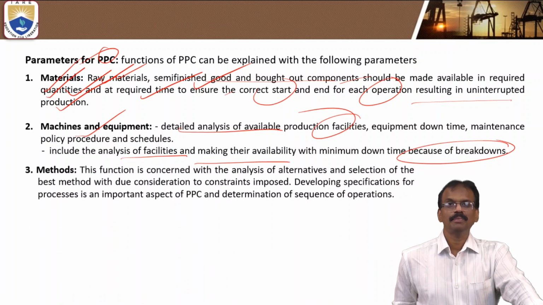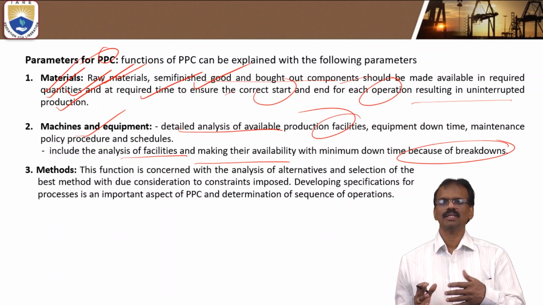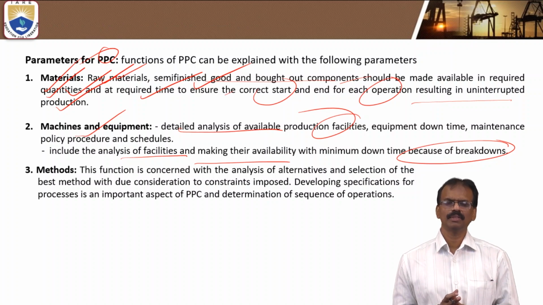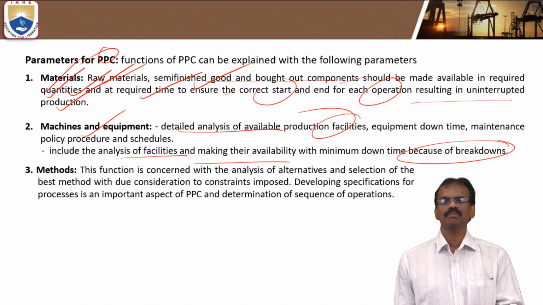So next one is the methods. For getting the final product, we have to perform different types of methods. So identification of the required method, what type of method will be conducted for getting the final product, is very important.